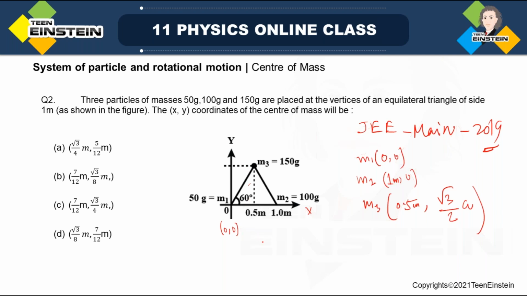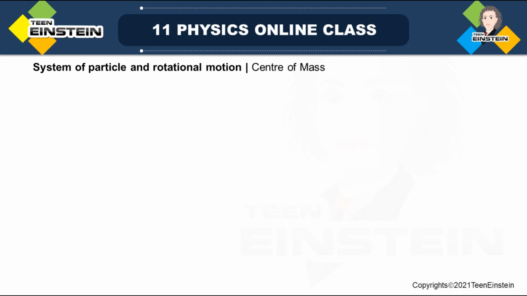So if I write the center of mass coordinate, let me go to the next page itself. We have to write m1 x1 plus m2 x2 plus m3 x3, divided by m1 plus m2 plus m3.